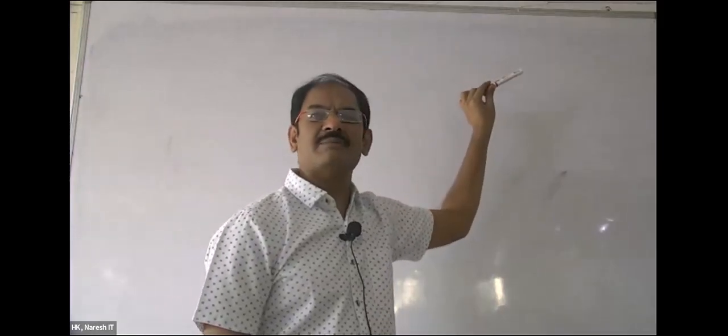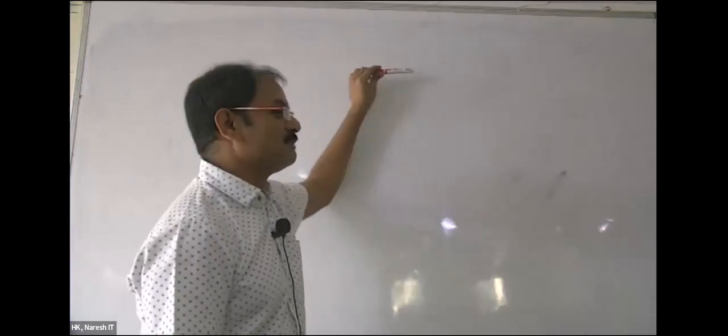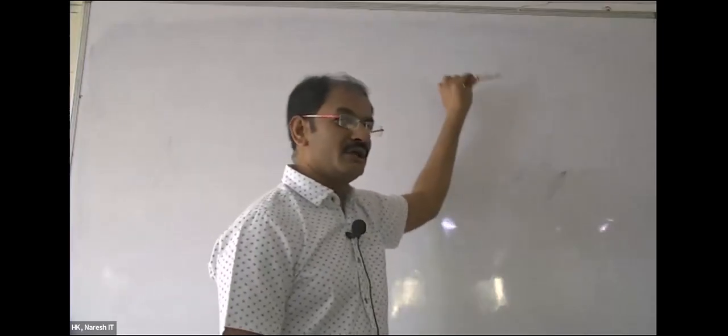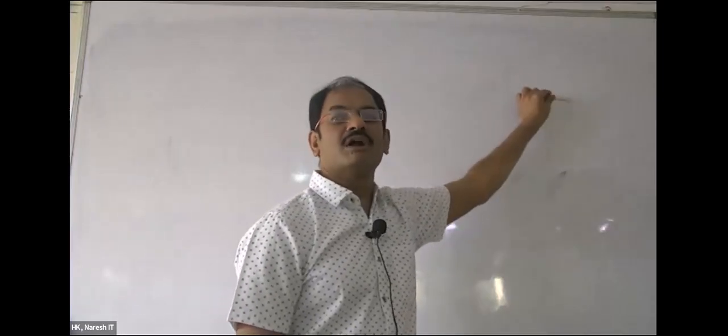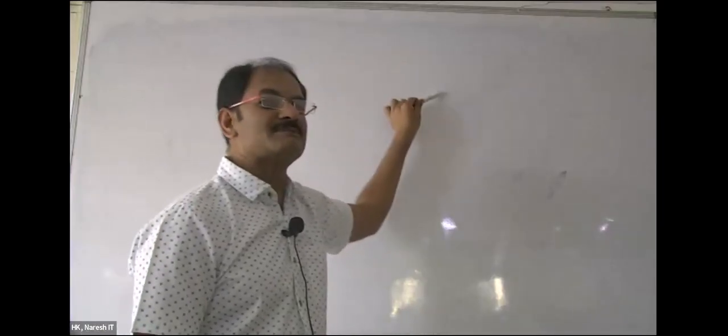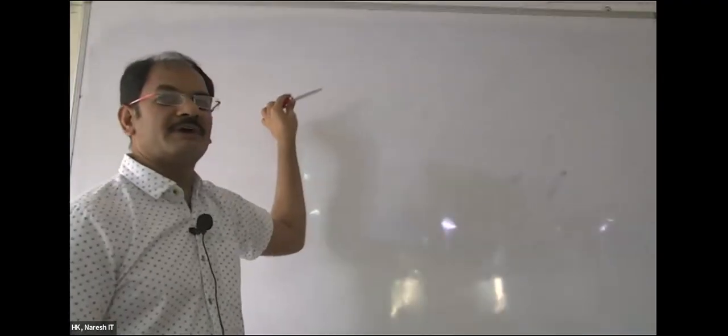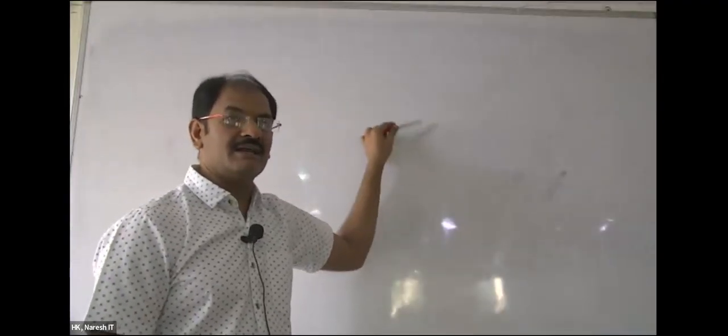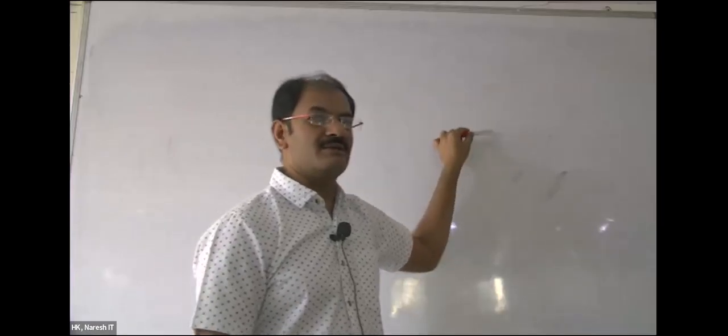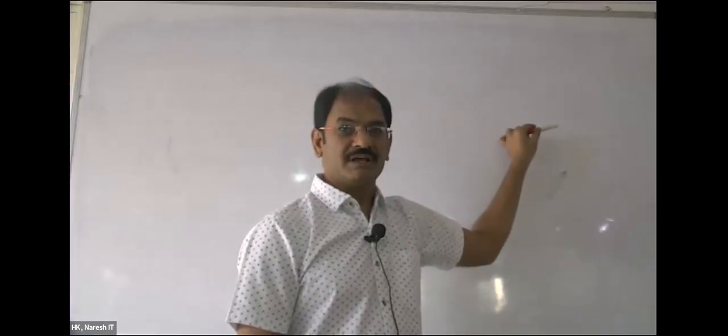Plus, minus, into, division, modulo. Next operator. Incrementing, decrementing operator. How many are there? Two. What are they? Plus plus, minus minus. Next. Relational operators. How many are there? Five. What are the five? Less than, greater than, less than or equals to, greater than or equals to, instance of.